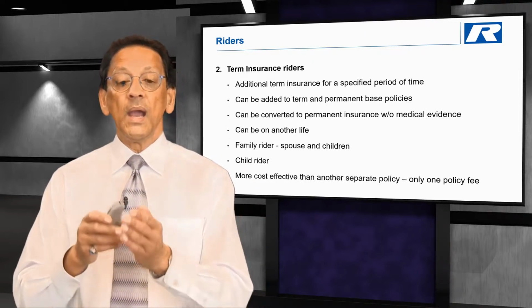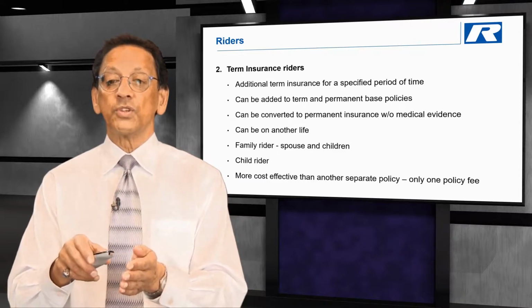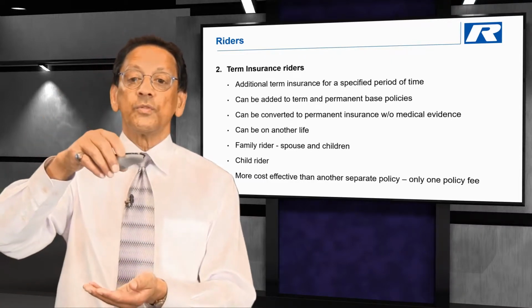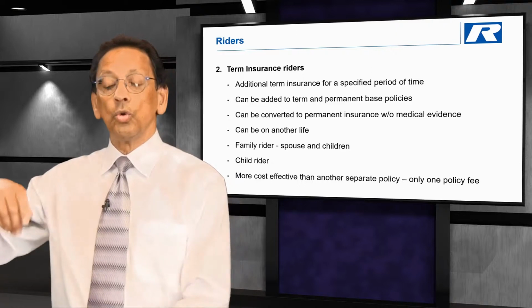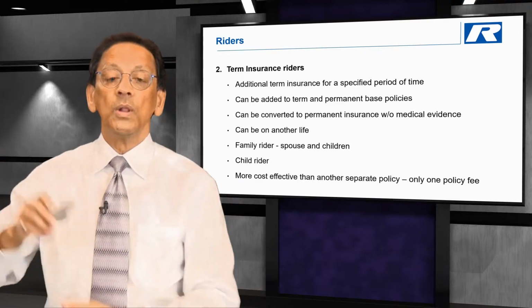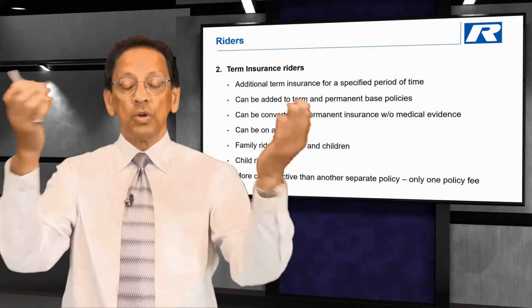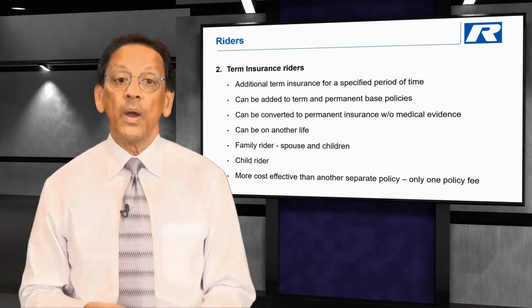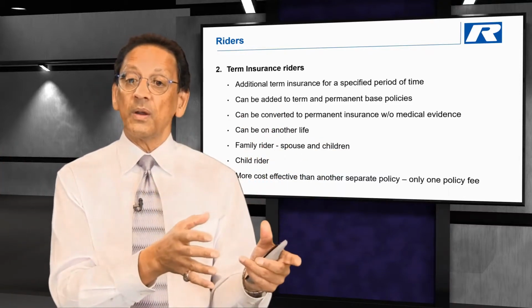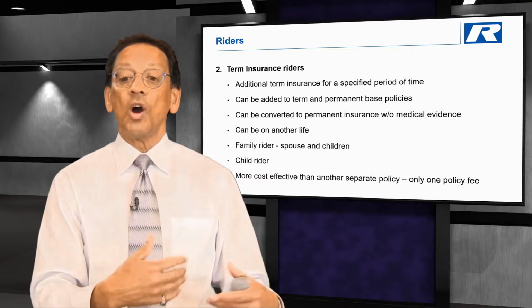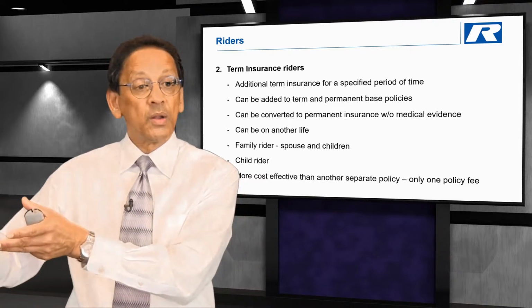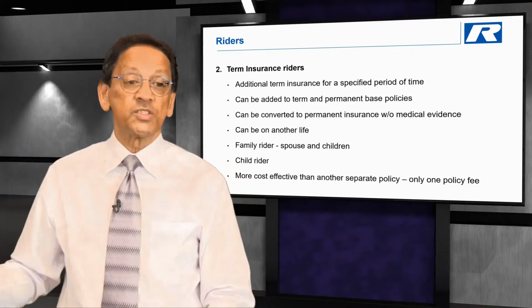They could buy $100,000 of whole life insurance with $100,000 of term rider, or they could buy $200,000 of whole life insurance. So they still have $200,000 of coverage. However, because the first part was primarily term, it would cost them less. The third one was primarily whole life. It would cost them the most.